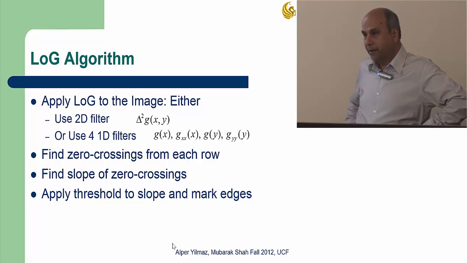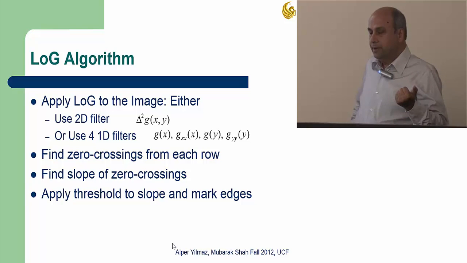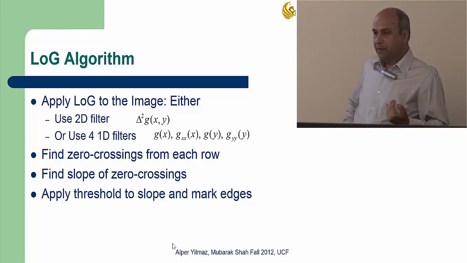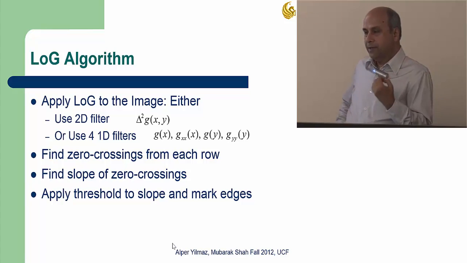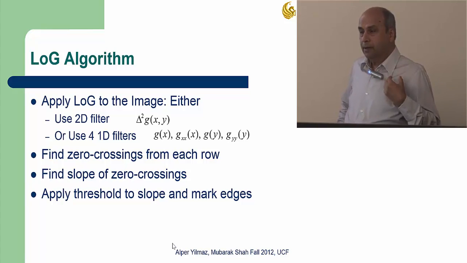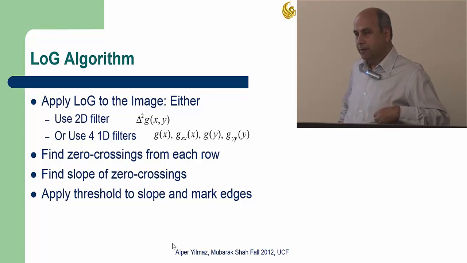In the Prewitt and Sobel, the Prewitt smoothing was simple averaging. Sobel smoothing was the weighted average. The central one is twice as much as the other two. In Laplacian of Gaussian, filtering is Gaussian. That's a big jump. Those results are better compared to the simple averaging or the weighted averaging by Sobel.